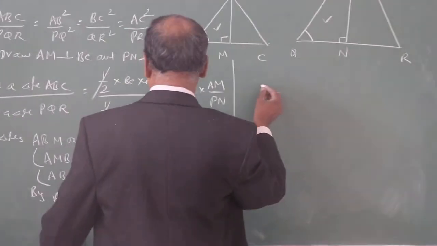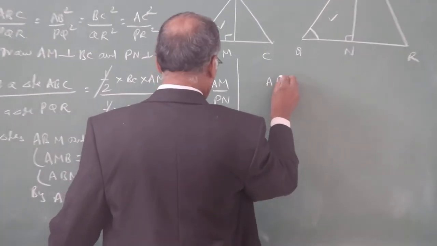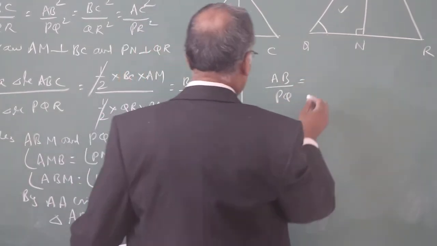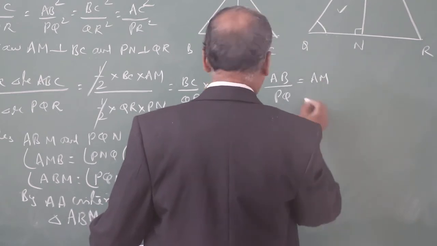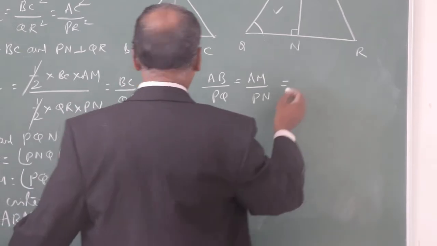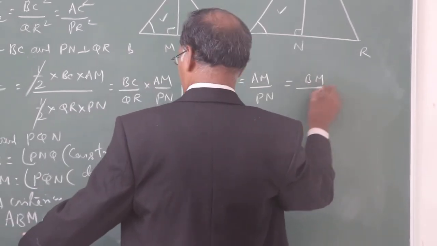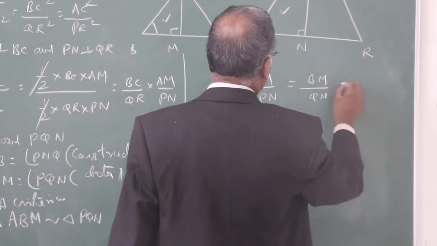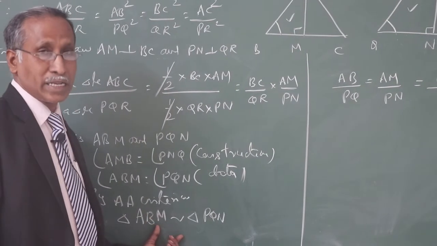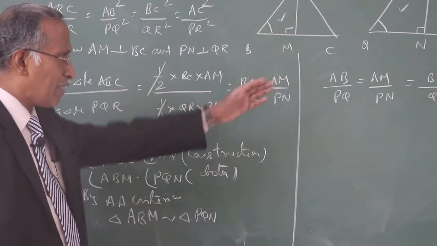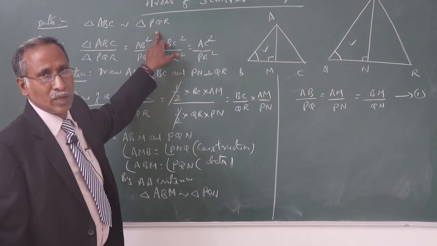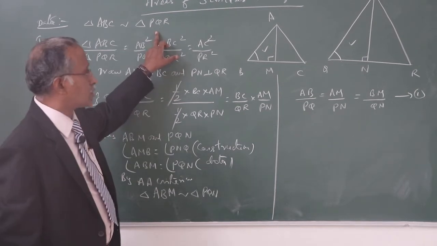Therefore, here corresponding sides AB by PQ is equal to AM by PN, which is equal to BM by QN also, because when two triangles are similar, their corresponding sides are in proportion. Equation 1.